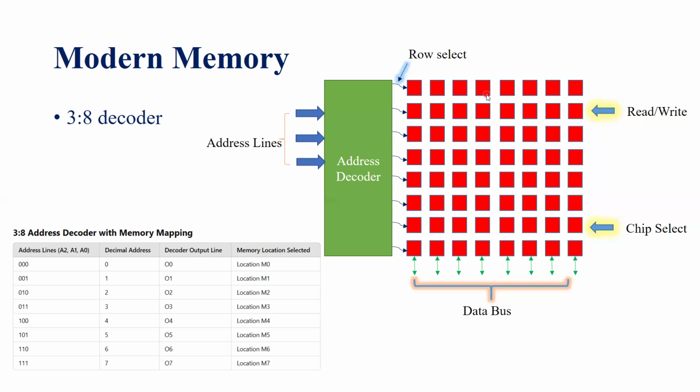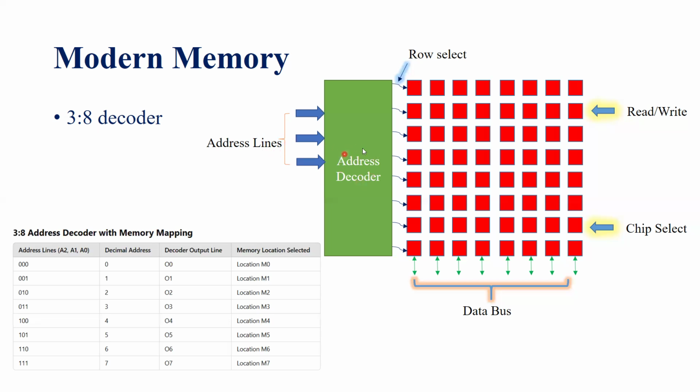We can read that data from the memory or we can write that data inside the memory. How to access that data depends on which row gets selected, and which row gets selected depends on the address lines that are used.